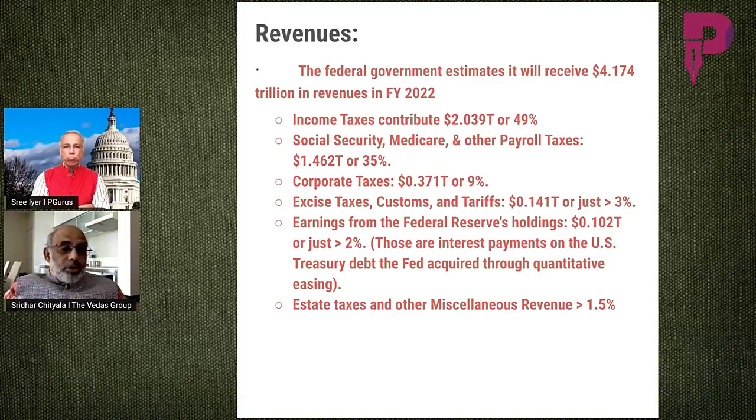Okay. You may not be seeing these numbers, especially the payroll taxes. You can see from the numbers, the income tax, the direct taxes, contributes 50% of the receipts, equal to 2.039.